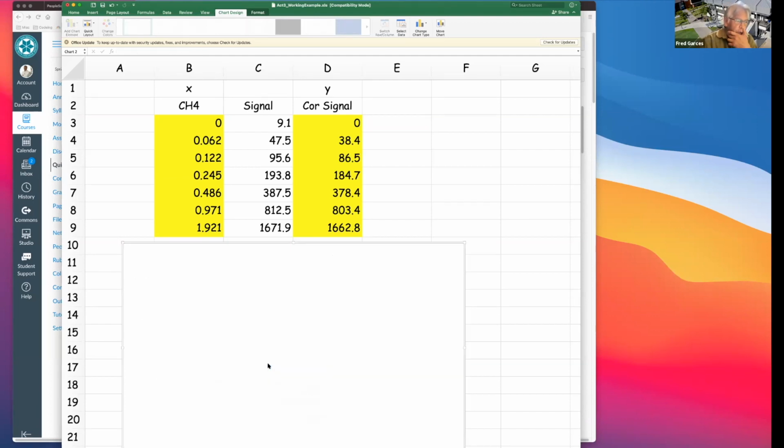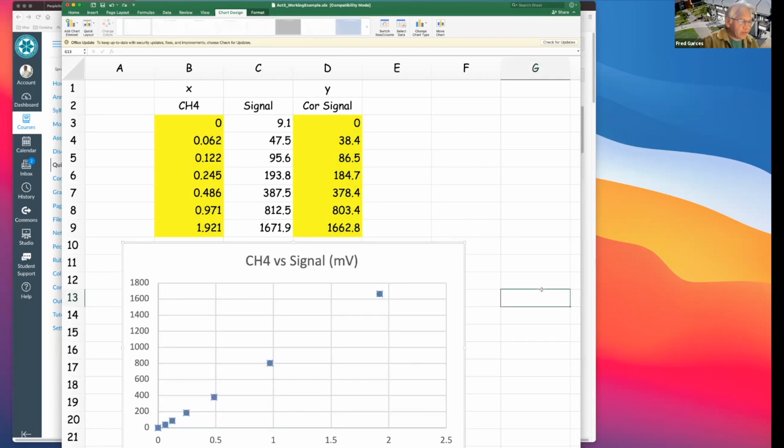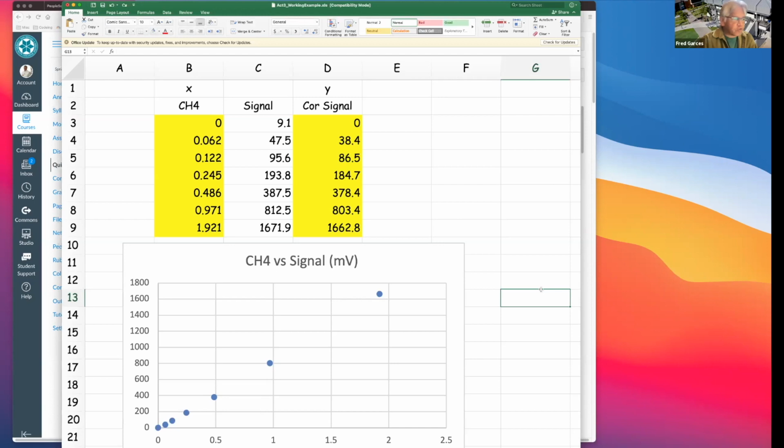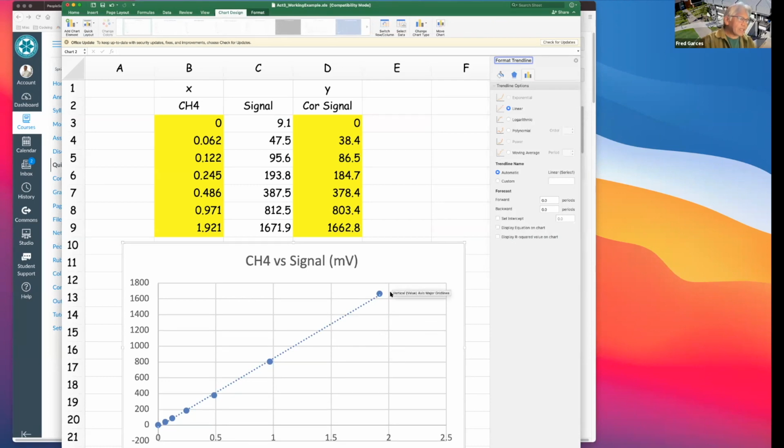So if you have a Mac, press the control key on your keyboard and then click one of these. And what you will see is this contextual menu. And what you guys are going to do is add a trend line. When you add a trend line, it basically gives you this menu right here.